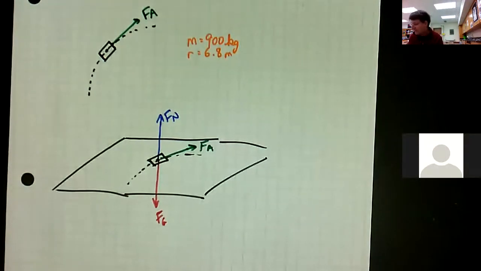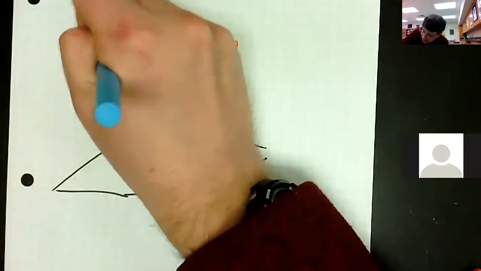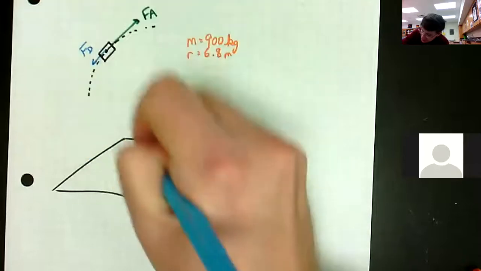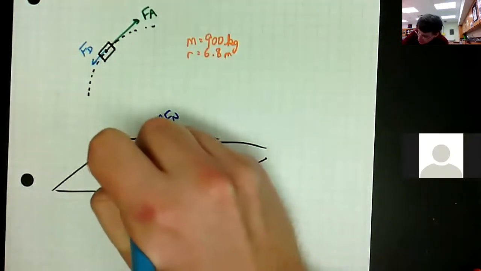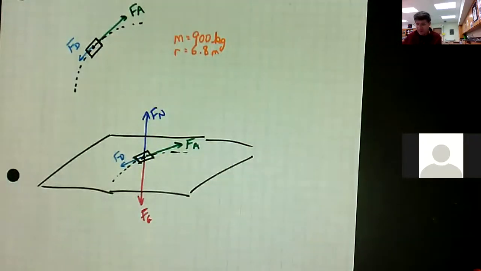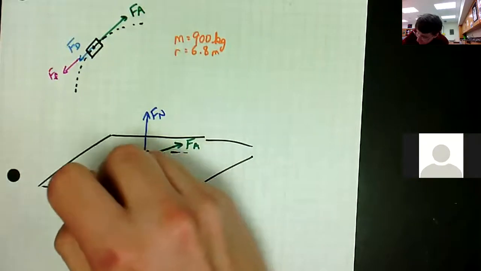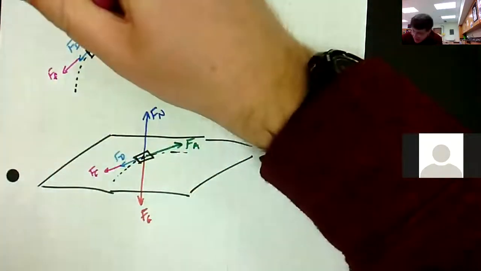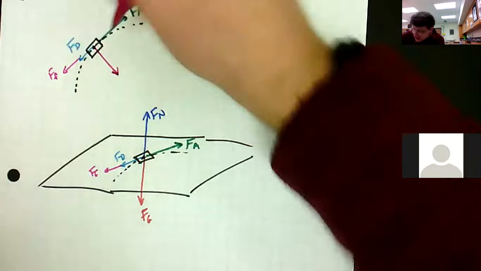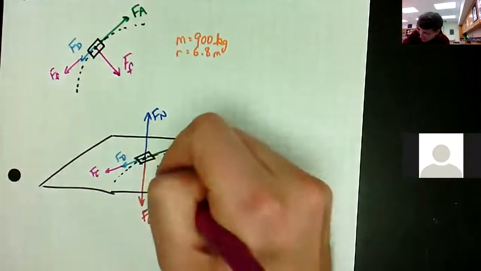Then I might have some air drag going backward. And maybe you've got some friction going this way. But really, the friction that's causing me to turn is the friction that points this way.